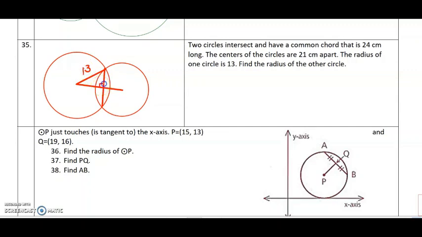That's 13. These are actually perpendicular, and if this whole common chord is 24, if a radius is drawn perpendicular to a chord, it bisects that chord. That's a Pythagorean triple, 5, 12, 13, from there to there.